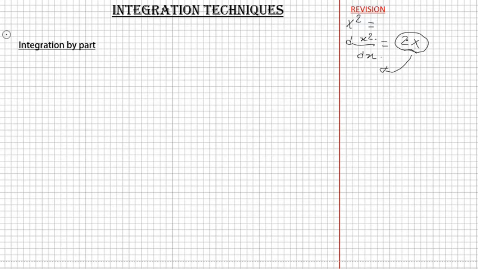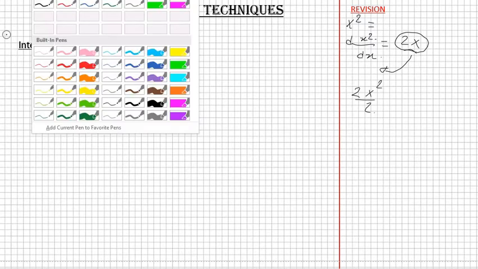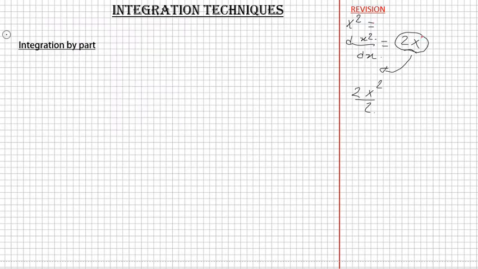So the integration of 2x is simply equal to 2x squared over 2. All you need to do is look at the exponent. In this case the exponent is 1, so you add 1 to the exponent, and the exponent becomes 2.